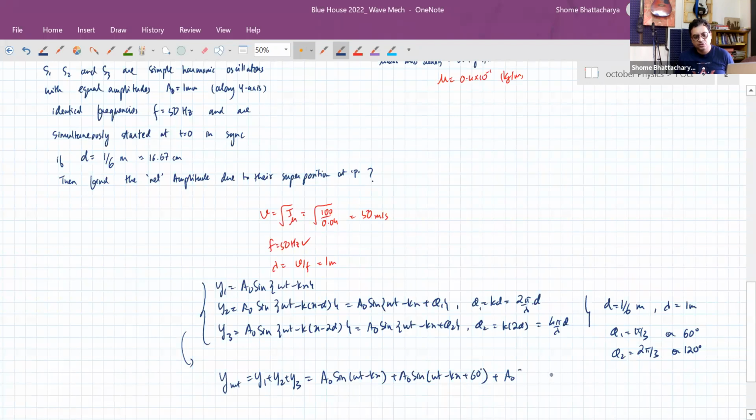We can do this manually also, but it would be a very lengthy computation.